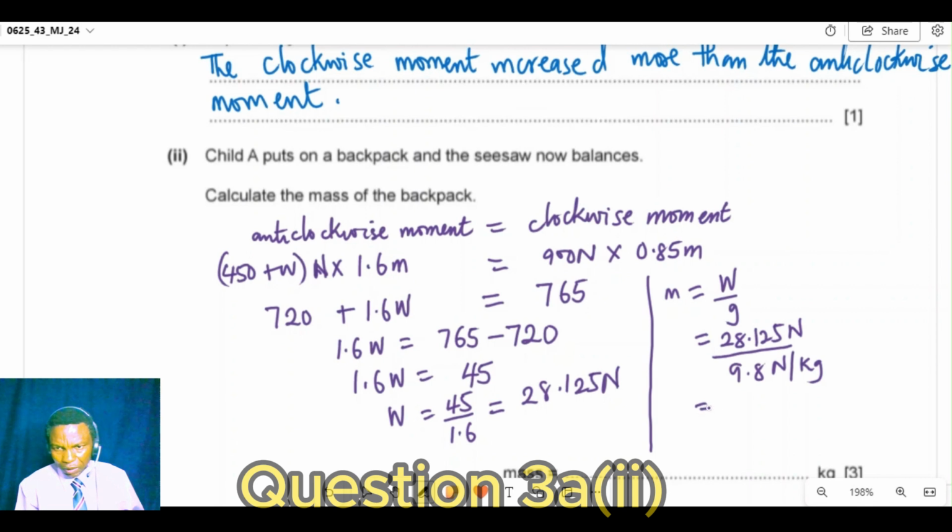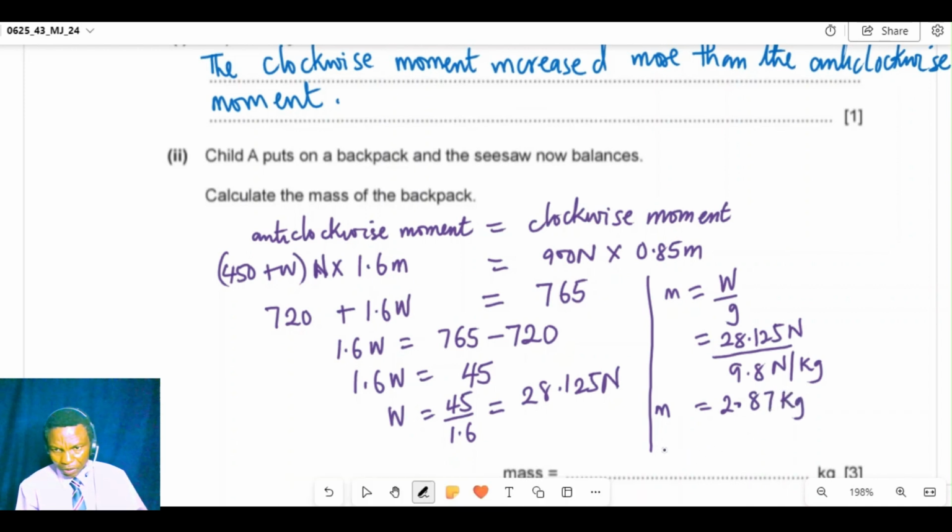So that will give m equals 2.87 kg. So it's approximately 2.9 kg.